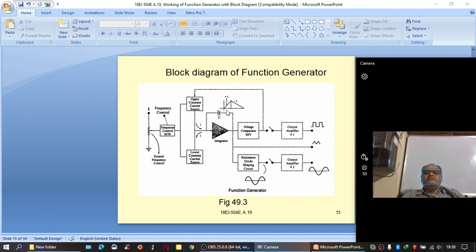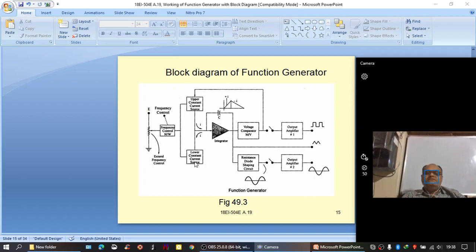Once the capacitor charges to the full value, the voltage comparator multivibrator will change its output from the positive level to the negative level. That means from here to here. In that case, what happens? This upper constant current source is turned off and the lower constant current source will turn on.